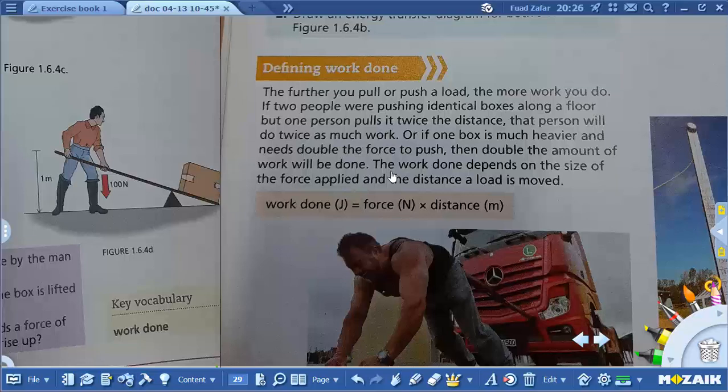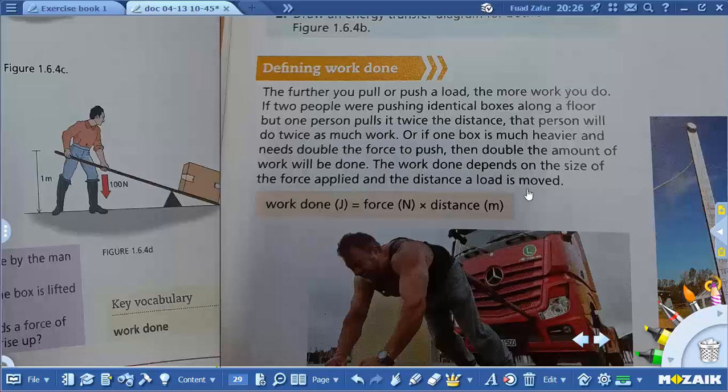Or if one box is much heavier and needs double the force to push, then double the amount of work will be done.